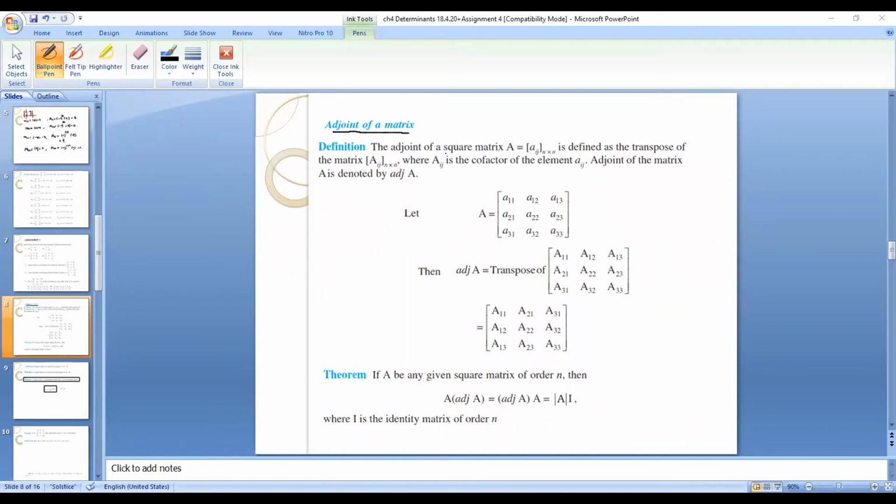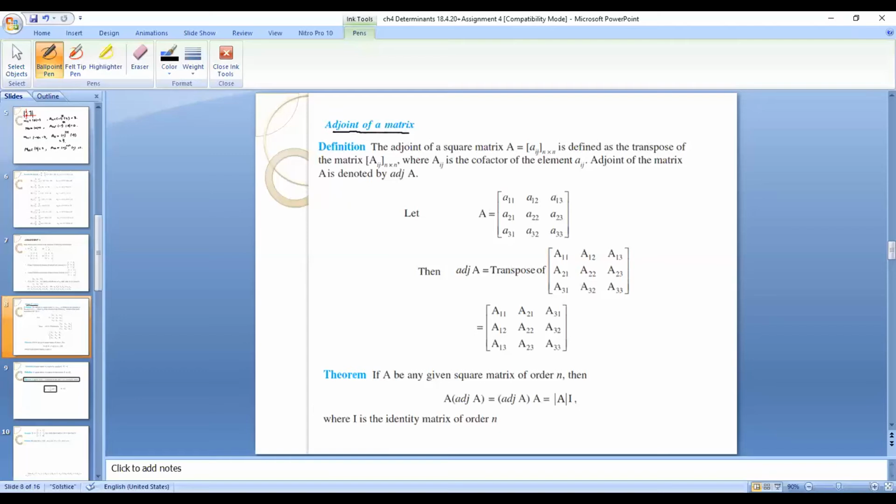The adjoint of a square matrix A equal to Aij n by n is defined as the transpose of the matrix capital Aij, where capital Aij is the cofactor of the element. Adjoint of the matrix A is denoted by adjoint A, right?